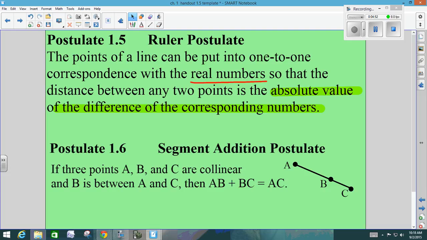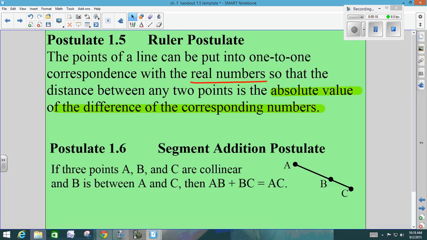So if I want to find the distance between, I don't know, C and M, CM. Notice how there's no symbol above it? That means length. When I don't put the symbol above it, I'm talking about the length of CM, or the distance between the 2 points, equals the absolute value of the difference of their endpoints.